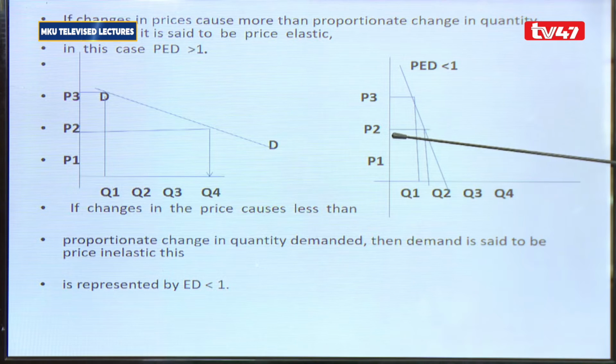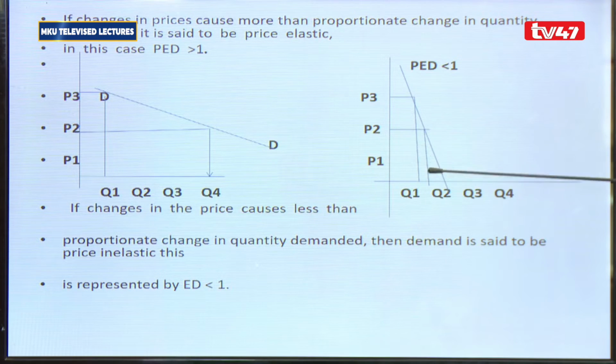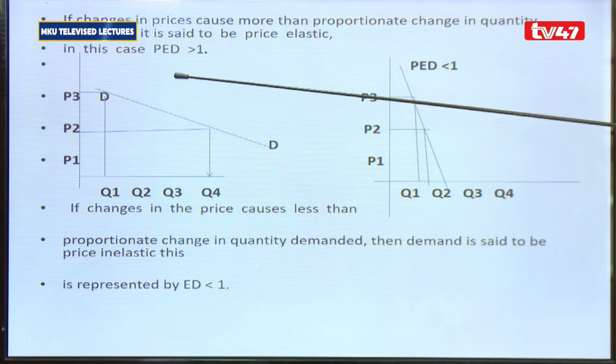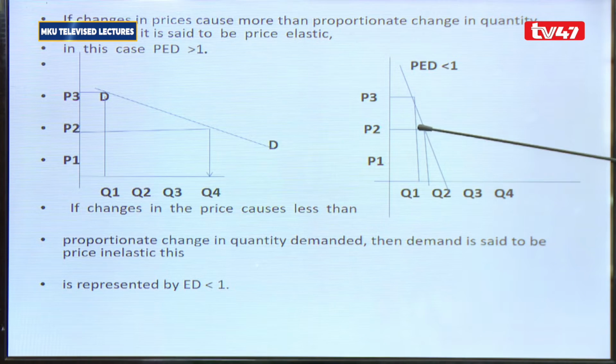But when the price increases all the way to 3, the quantity demanded is just 1, meaning only half of a unit has been triggered. So it means the demand curve is more or less a straight line. It means that a very big change in price is triggering a very small change in quantity demanded.